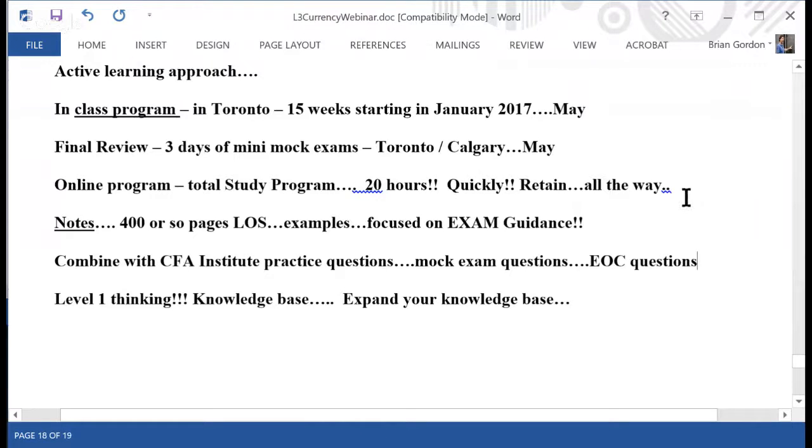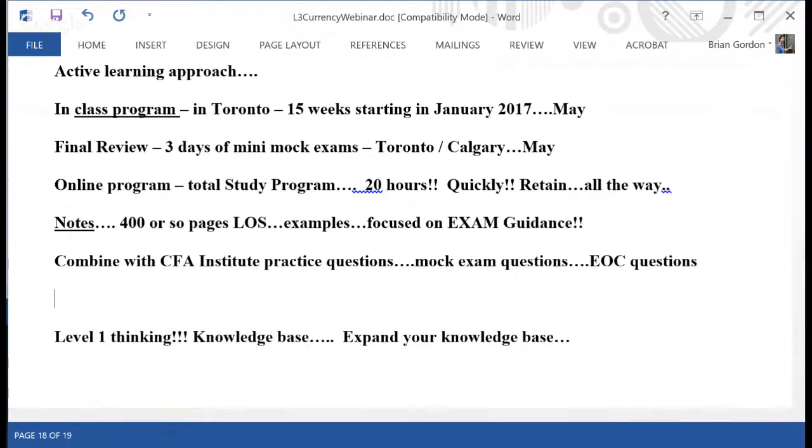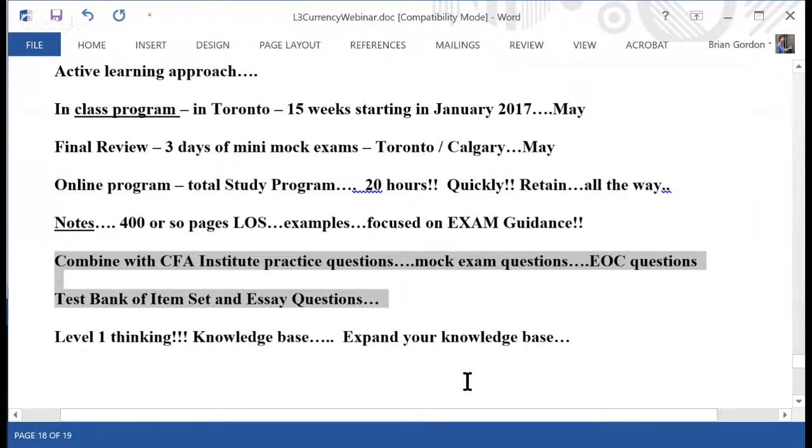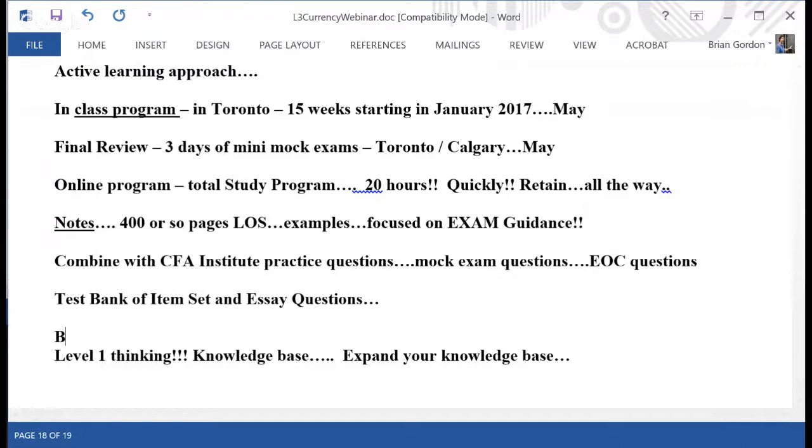I have a test bank of item set and essay questions that you can go over as many times as you want. Combined with CFA Institute's practice questions, you are not going to run out of questions. If you do, then turn to the blue box examples.